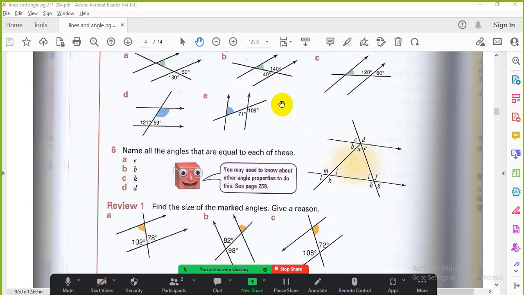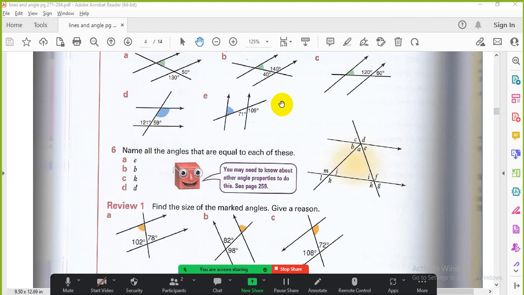And letter G. And K. G and K also we can take, okay, corresponding angles. Yes, sir. So I'm done.